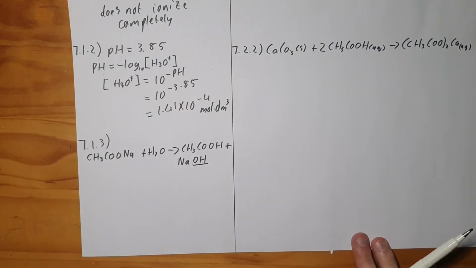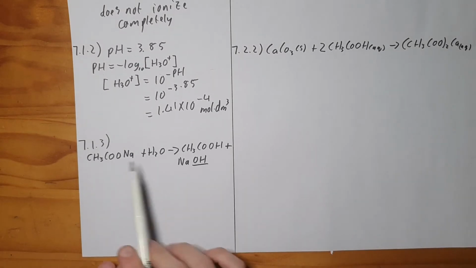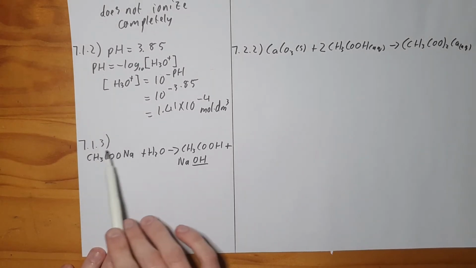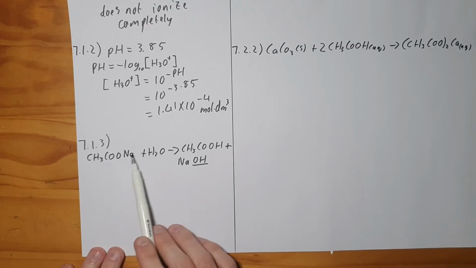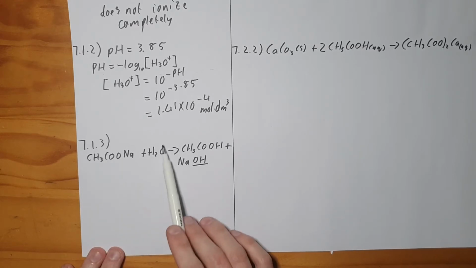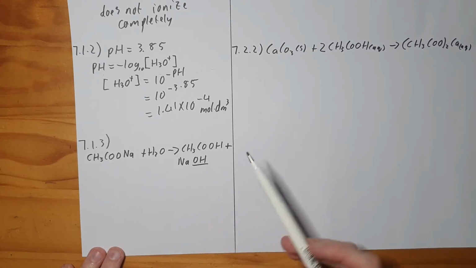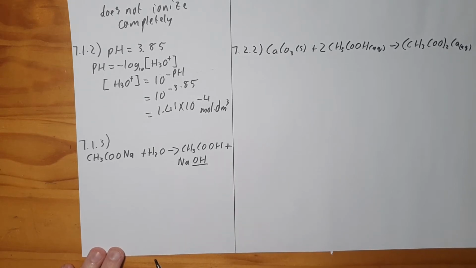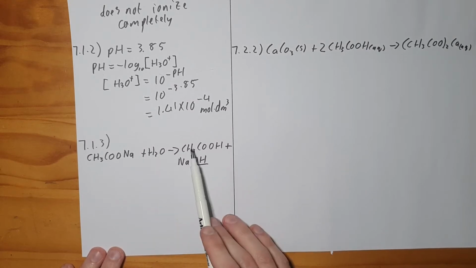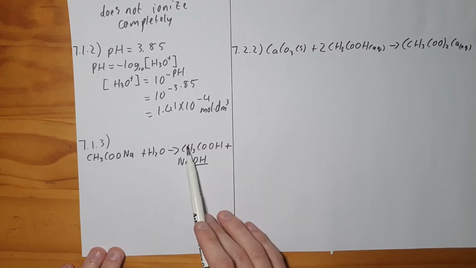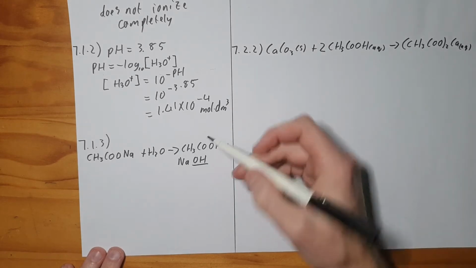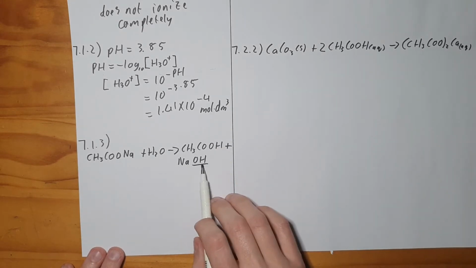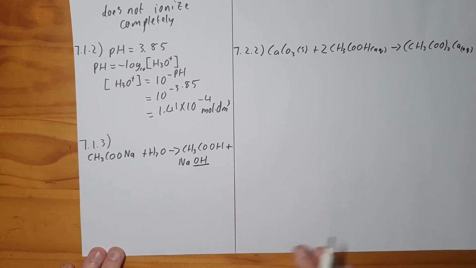If we look here, this is the sodium ethanoate. What I'm going to do is react it with water and see what it breaks into. When it reacts with the water, we produce the ethanoic acid, plus NaOH. Now the key point here is the OH.